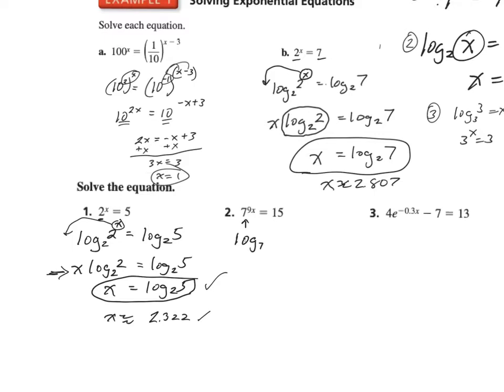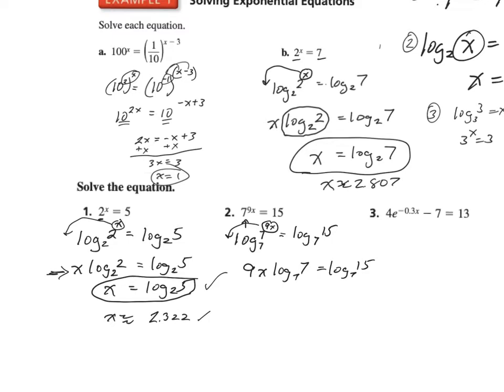Log base 7 of 7 to the 9x equals log base 7 of 15. Okay, again, bring the 9x to the front. So now I've got 9x log base 7 of 7 equals log base 7 of 15.